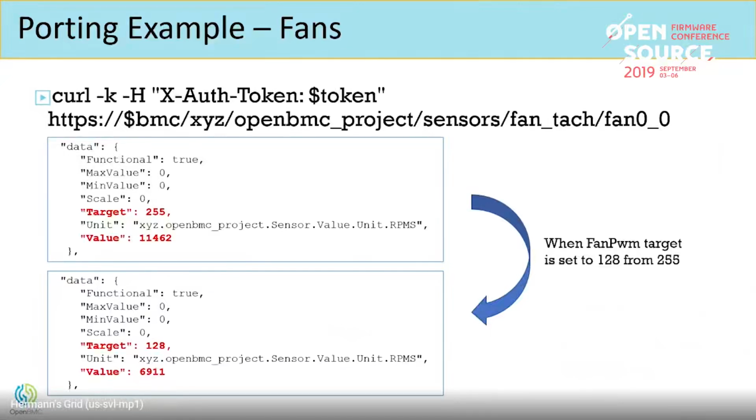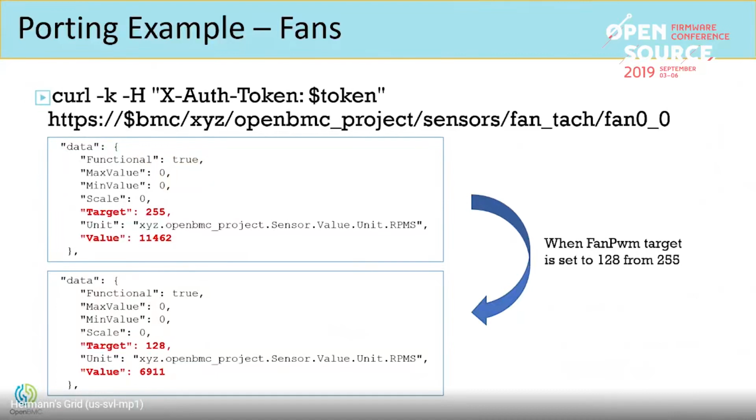So when we have all the fan YAML configs done, we can see the fan will have the value property, which is the fan speed, and the target property, which is the fan PWM target.